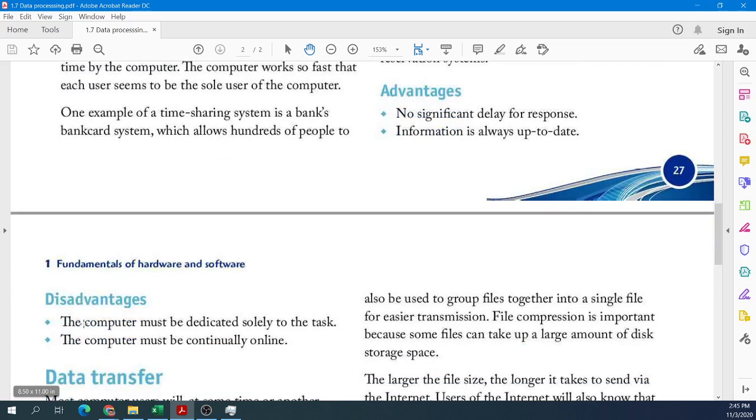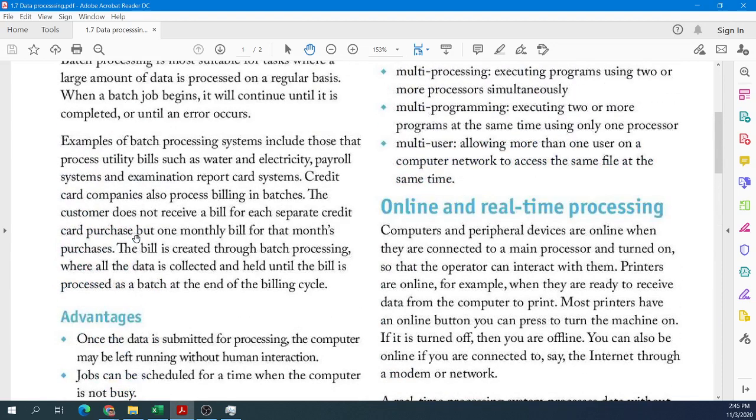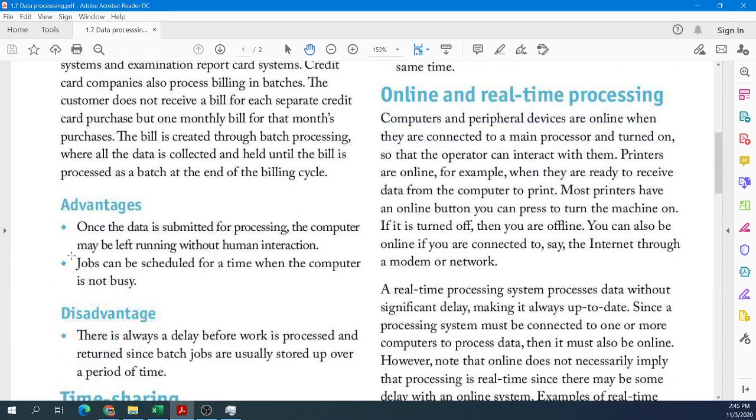Now, what is the disadvantage? The computer needs to be dedicated solely to that task, so it can only carry out that one task. Remember, the advantage for batch processing was that we can schedule time on the computer, because it is waiting for data, so while it is waiting, it can do other things.